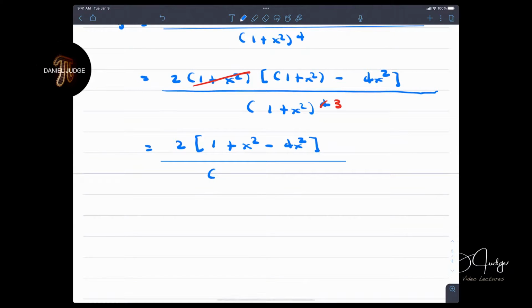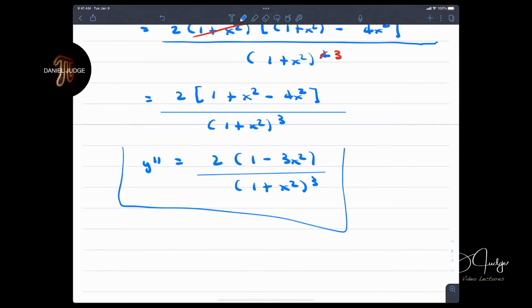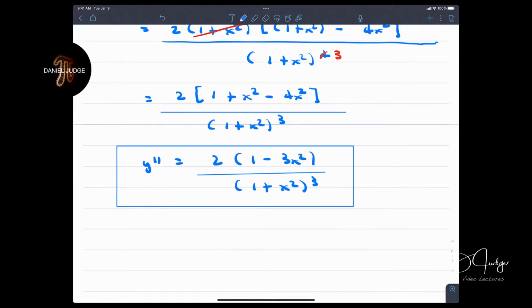Everything over 1 plus x squared to the third power. Second derivative is 2 times 1 minus 3x squared over 1 plus x squared to the third power. And there you go. Here's the second derivative.